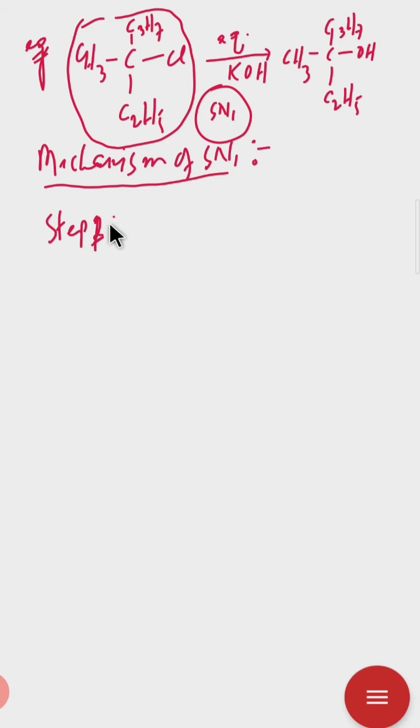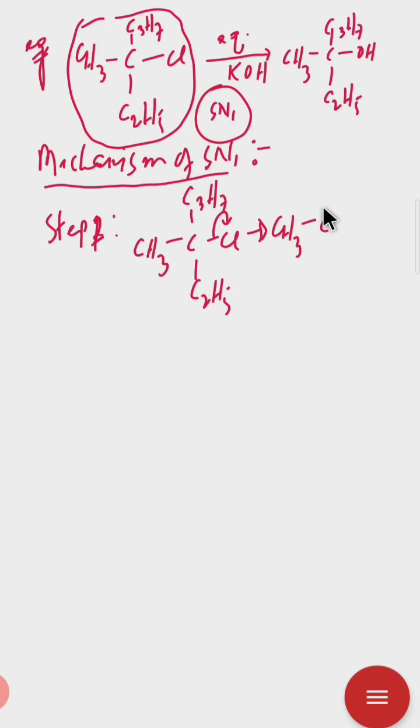In step 1, in this tertiary haloalkane, this is C2H5, this bond with the halogen will be broken and a carbocation will be formed. This is the carbocation, this is C3H7, this is C2H5, and the Cl minus ion will be formed.